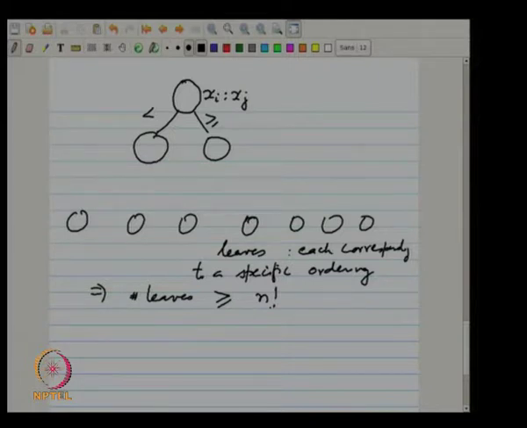right. A leaf cannot have two possible orderings. Can there be more? For my argument, I am going to use greater than or equal to, which also includes equal to.